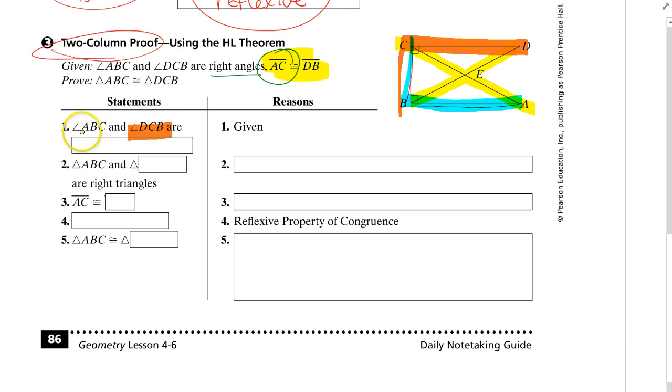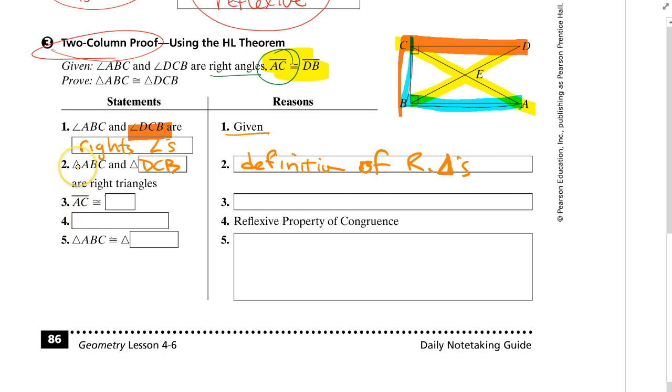All right, well, ABC and DCB are right angles. And that's given. This triangle and the other triangle are right triangles. Well, we did ABC for the first name. Now let's do this upper one. Let's go DCB to name that. And why can we say that? Well, kind of an unsatisfying thing, but we say it's just the definition of right triangles.